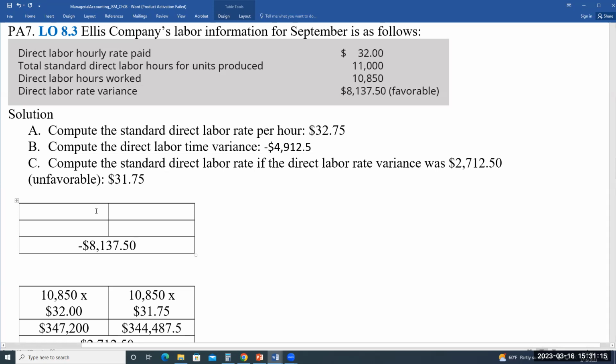The formula is going to be actual hours times actual rate minus actual hours times the standard rate that we're trying to figure out. Actual hours is 10,850. Actual rate is $32. Okay, let's see if this works.